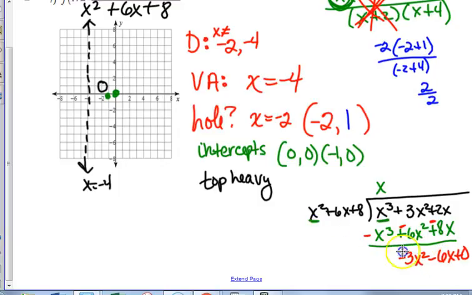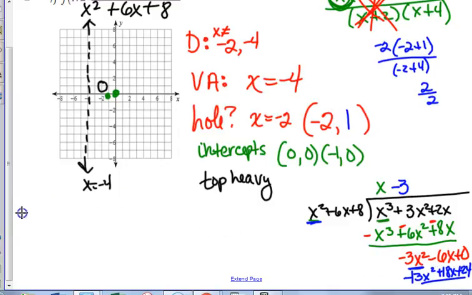Are we done, or can we do one more? We can keep going. What do we multiply this by to get exactly negative 3x squared? And then you distribute that negative 3 to all three of those. Negative 3x squared minus 18x minus 24. Change signs, add, do we care?